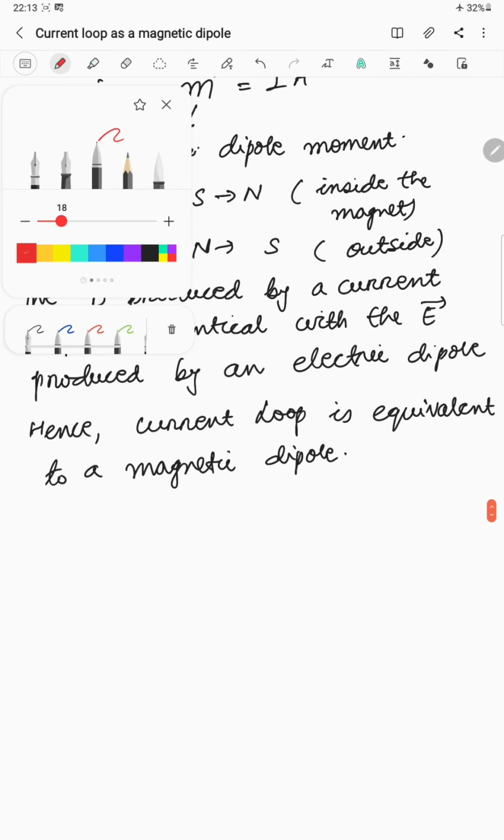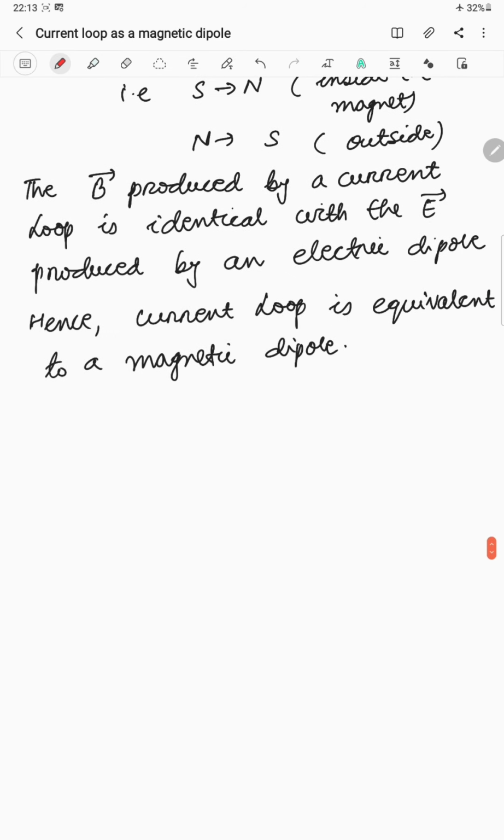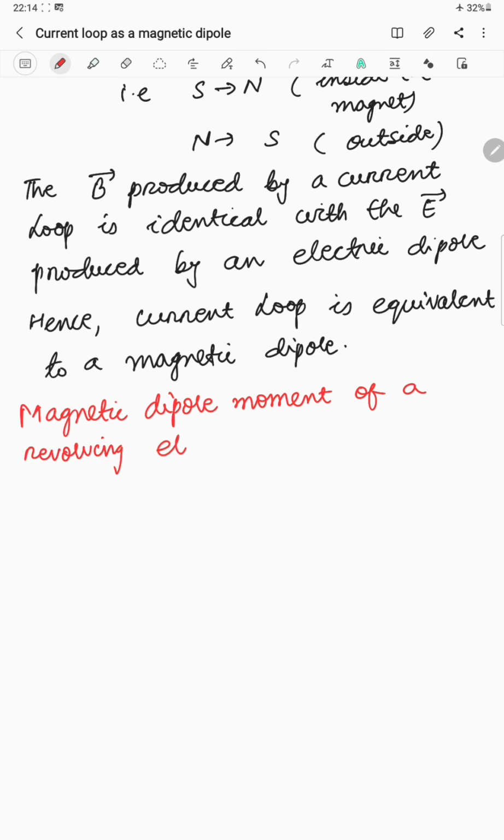So the next topic of discussion will be the magnetic dipole moment of a revolving electron around the positive charge nucleus.